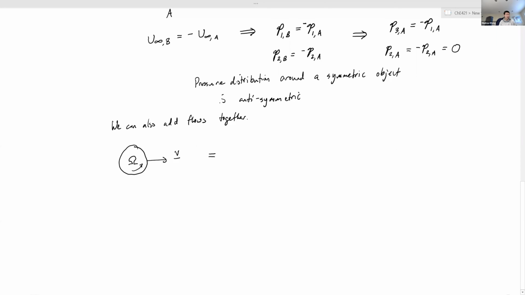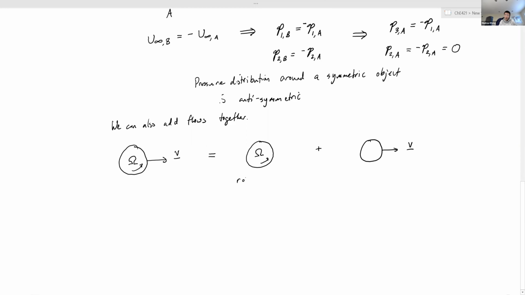Because in creeping flow, the flow around this sphere that's moving towards the right and rotating can be described exactly by the sum of the flow around a rotating sphere and a non-rotating sphere that's moving to the right, right?